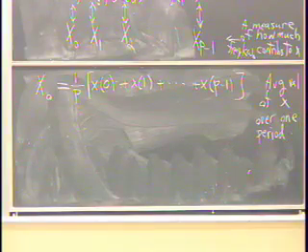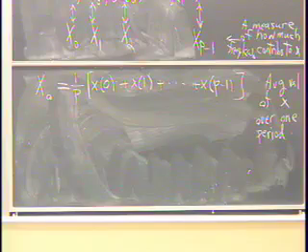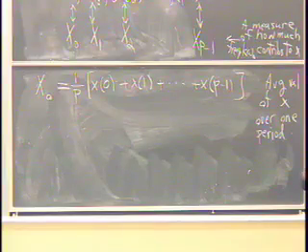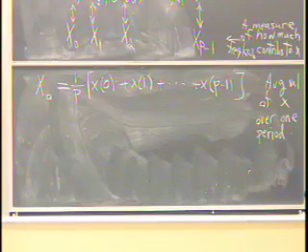So if you're looking at a periodic signal and it spends as much time above ground as below ground, its DC value is 0, and you can immediately tell me what the x0 coefficient is. Right?